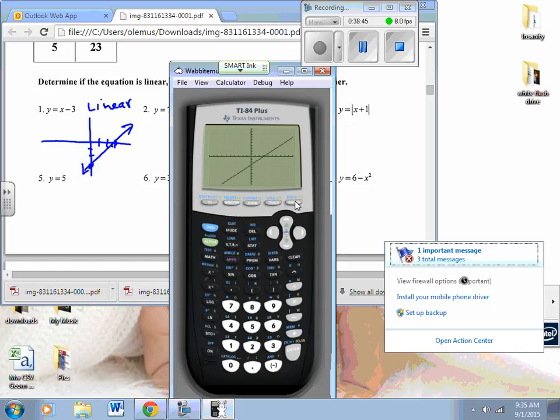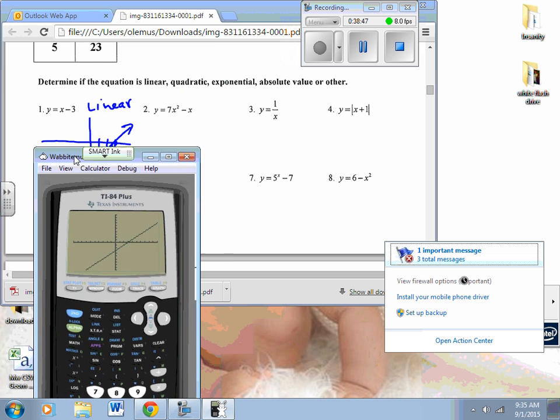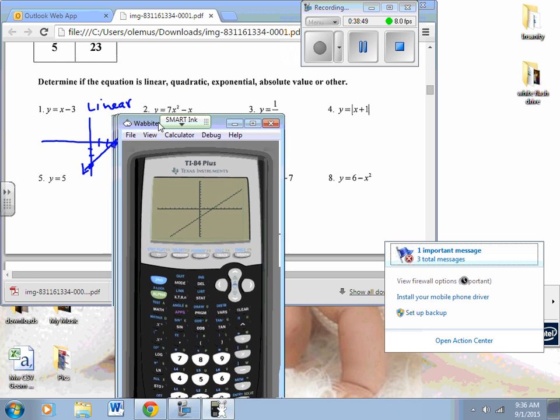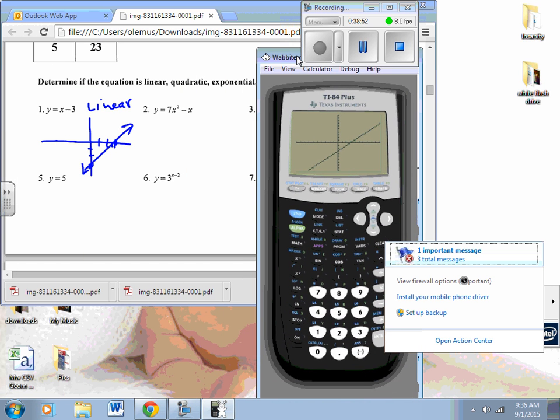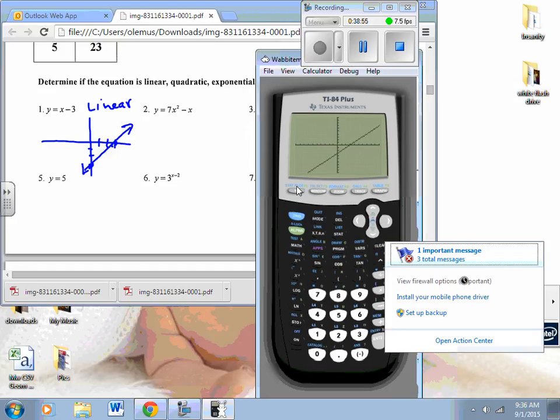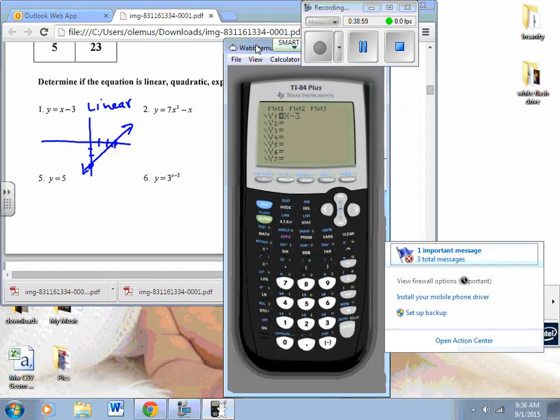Okay. All right, the next one is y = 7x squared. I already know that that's a quadratic.